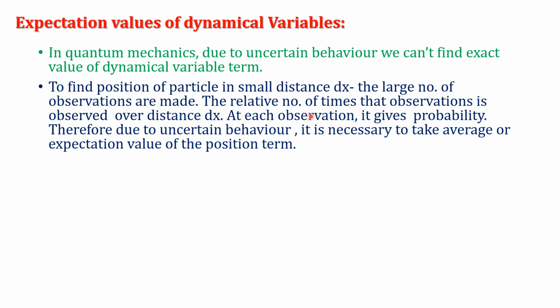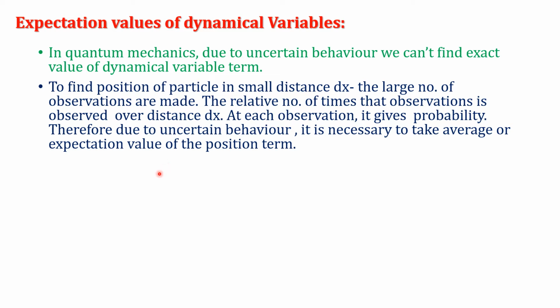It means the relative number of times that an observation is observed over the distance dx. Each observation gives a probability, and you know the probability is related to the wave function, and that wave function gives the state of the particle. Therefore, due to uncertain behavior, it is necessary to take the average or expectation value of the position.